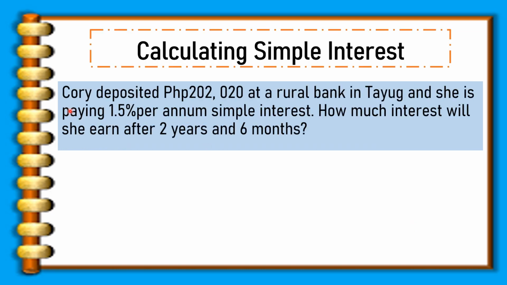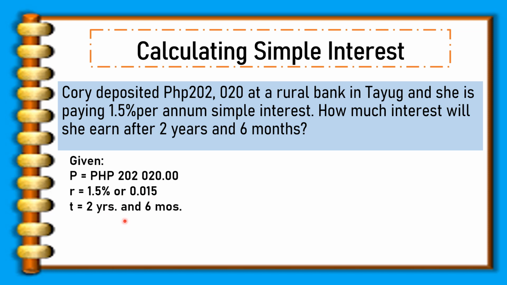Next, Cory deposited 202,020 pesos at a rural bank in Taguig, and she is paying 1.5% per annum simple interest. How much interest will she earn after 2 years and 6 months? Here are the given. Principal amount of 202,020 pesos, interest rate of 1.5% or 0.015, and term of 2 years and 6 months.